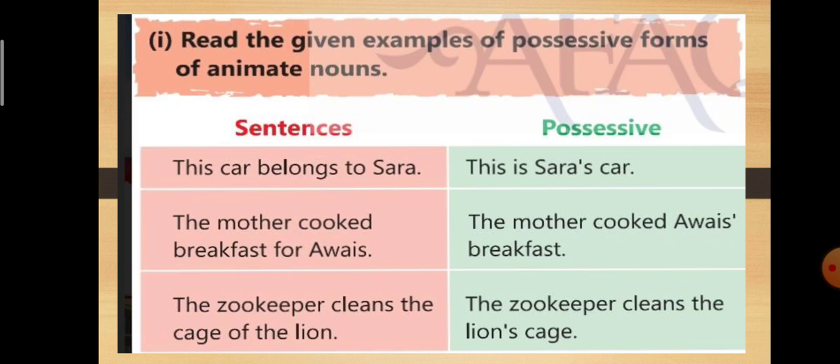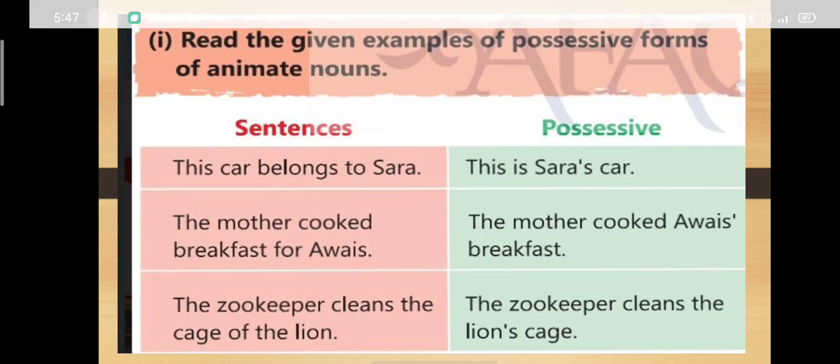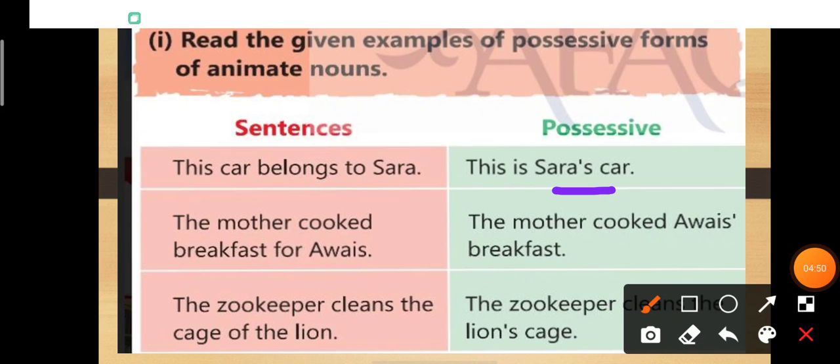So what is apostrophe? When we add s with the word, like Sarah's. If we read this sentence, this car belongs to Sarah, we can write in possessive form, This is Sarah's car. So we will write Sarah in the first and car will come in the end.